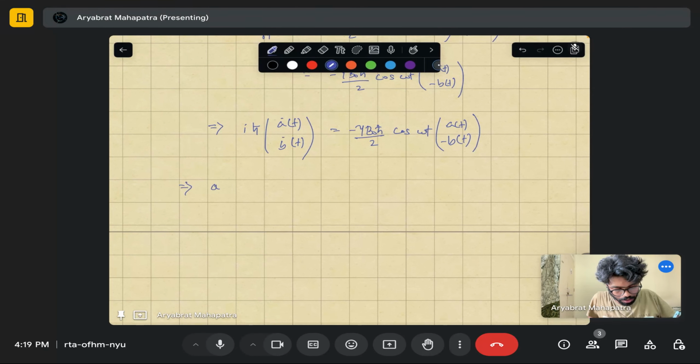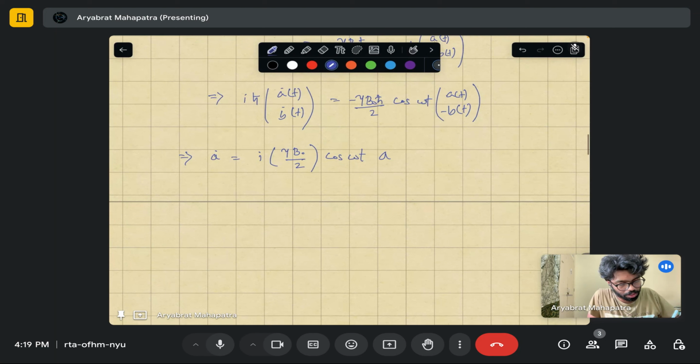It would be a dot equals, the h bar on LHS and RHS cancel out, so you have i gamma b naught by 2 cos of omega t times a.